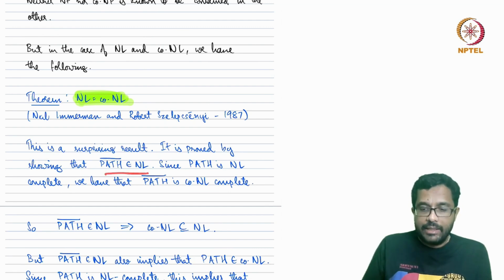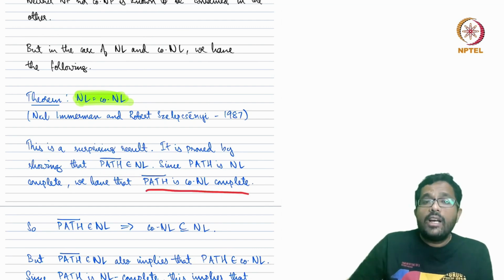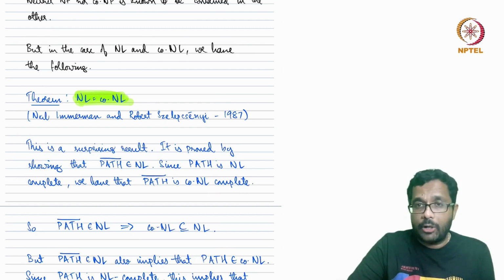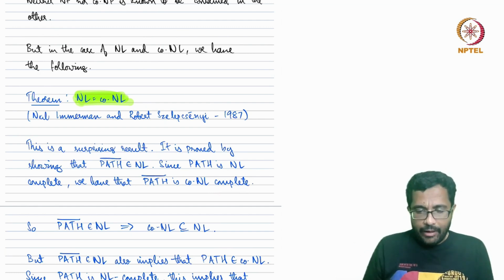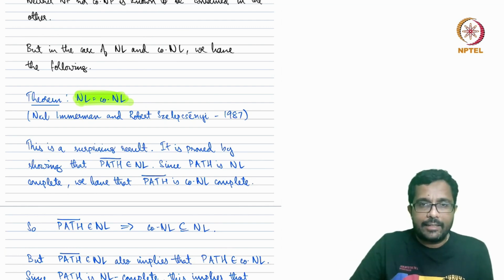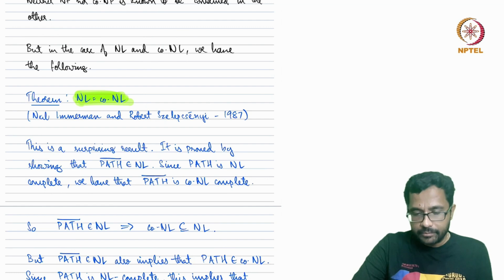Since PATH is NL-complete, we know that the complement of PATH is co-NL-complete. Anything in co-NL can reduce to PATH complement. I have not defined what co-NL-complete is, but it is defined exactly like NL-complete, but with the complement.